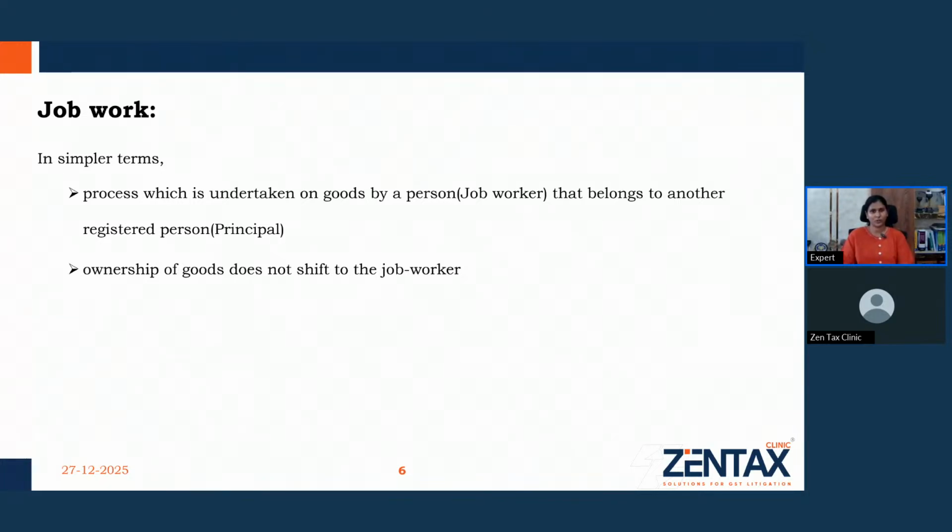On those goods, the job worker undertakes an activity or a process, and the goods are supplied by that registered person. So even though the person supplied such goods for job work, the ownership of those goods does not shift to the job worker. The ownership still remains with the principal.